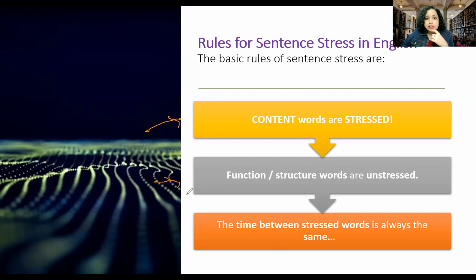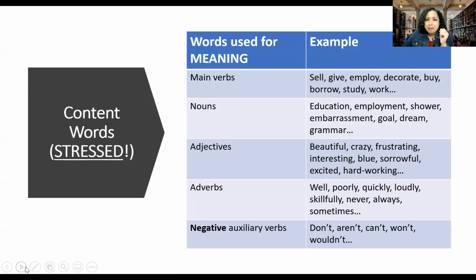Function, structure words are unstressed. You are not going to put an accentuation or a stress on that word. And the time between stressed words is always the same, almost like there's no time in between when you're speaking. And for that, like I mentioned, we need to listen, we need to hear what happens.